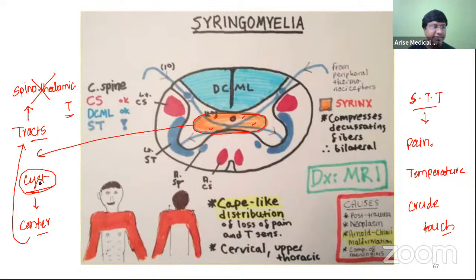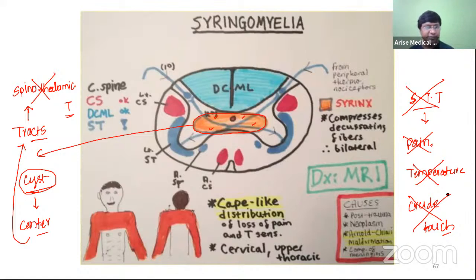The fluid filled cyst is destroying this spinothalamic tract. When it destroys the spinothalamic tract, pain sensation is lost, temperature sensation is lost, crude touch is also lost. That is the reason why she was not feeling the burnt hand.